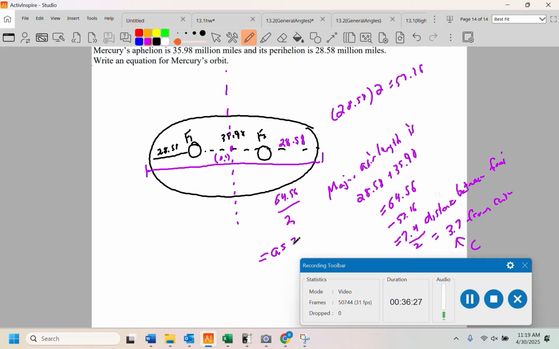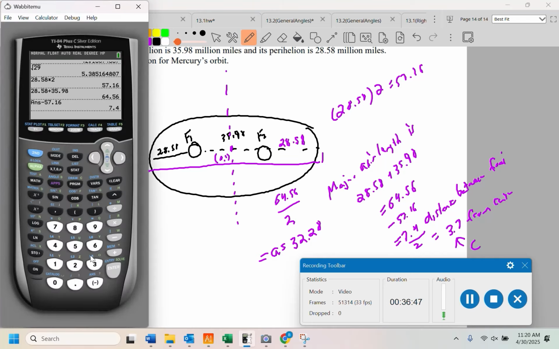That seems right. And I have c. So now I'm getting somewhere. And I know that b squared is a squared minus c squared. So b squared is 32.28 squared minus 3.7 squared. Fun stuff, huh?